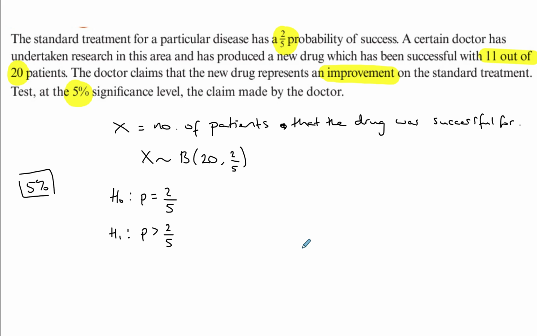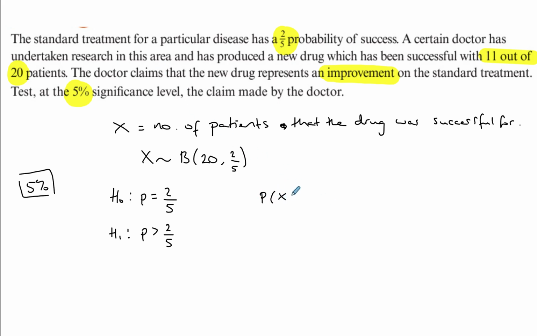So if we think that in normal circumstances 2/5 of the patients show improvement in their condition, then we would expect 8 people to show improvement on average. That would be the most likely expected number of people. So I know that I can start looking greater than 8.